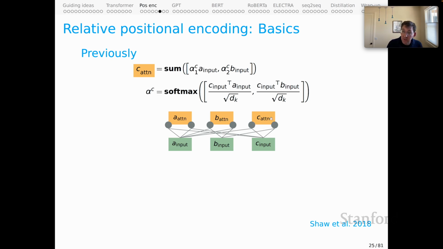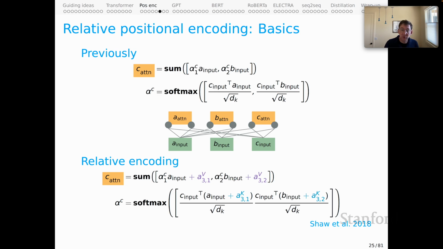For positional encoding, we really just add in some new parameters. So what I've depicted at the bottom of the slide here is the same calculation that's at the top, except now in two crucial places I have added in some new vectors that we're going to learn representations for. Down in blue here, we have key representations, which get added into this dot product. And up here in the final step, we have value representations, which get added in to this multiplied attention mechanism plus the thing we're attending to.